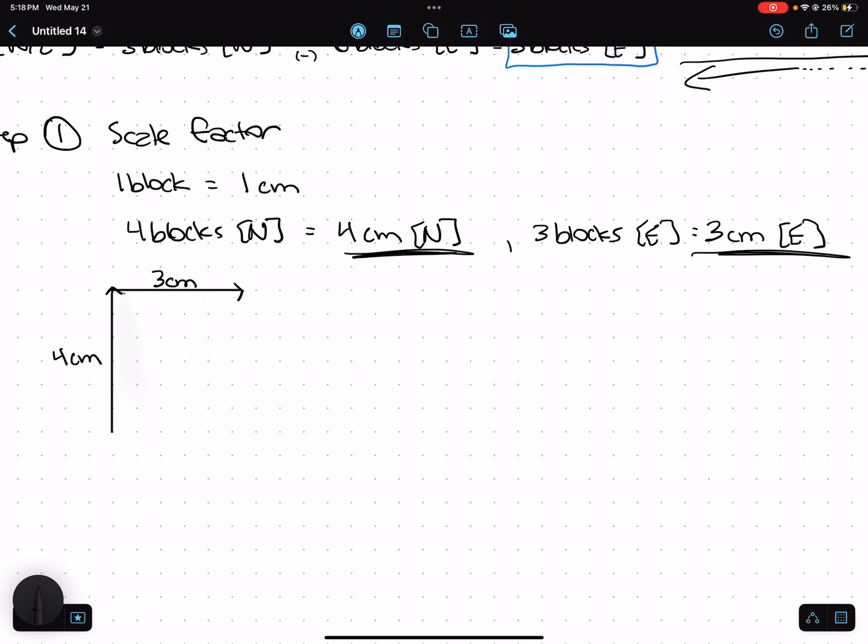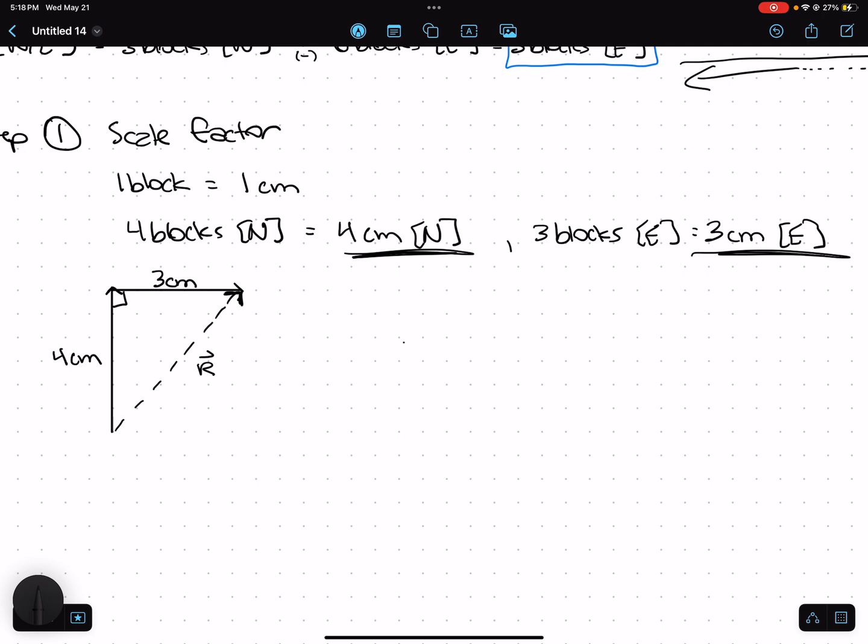So remember, this needs to be a 90-degree angle. Don't butcher this part. Now we are going to draw our resultant, and our arrow is always pointing towards the finish line. Okay, so your triangle might look something like this.